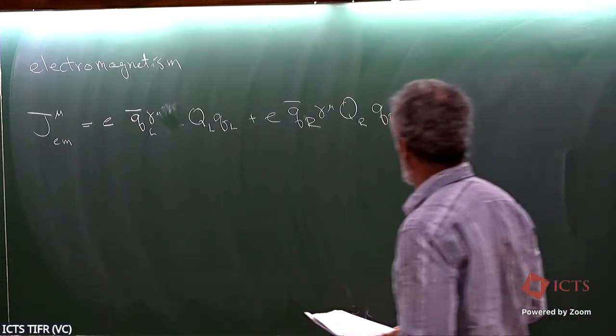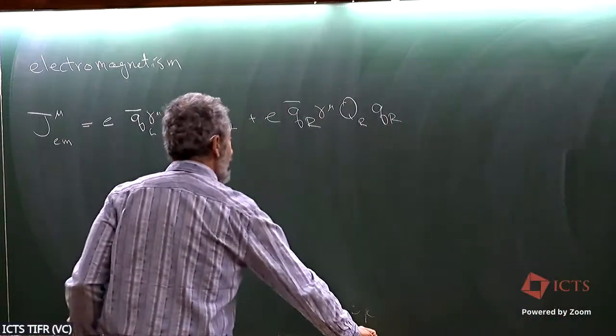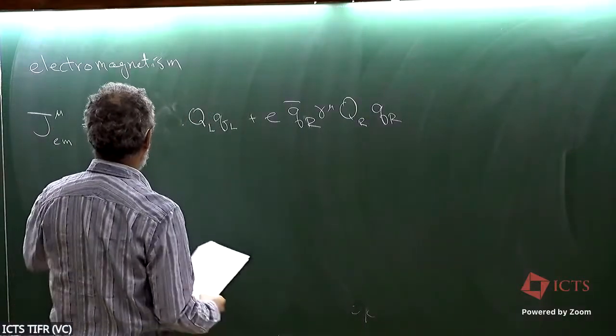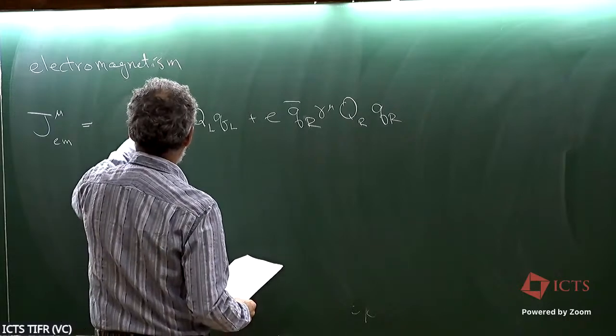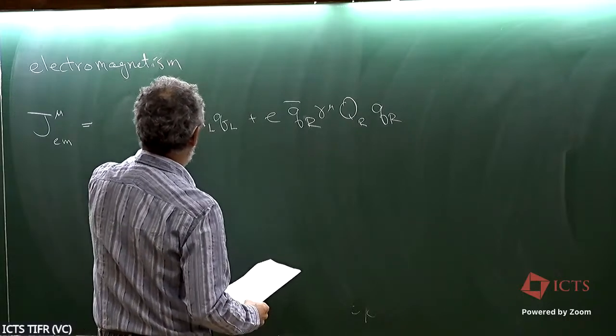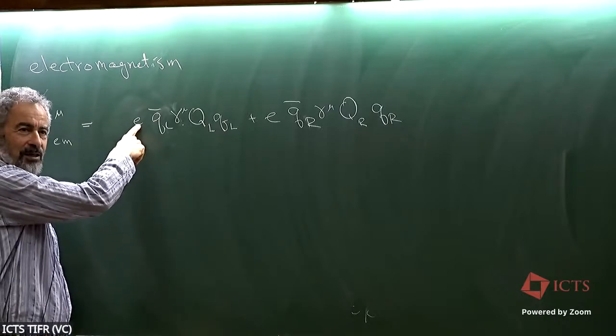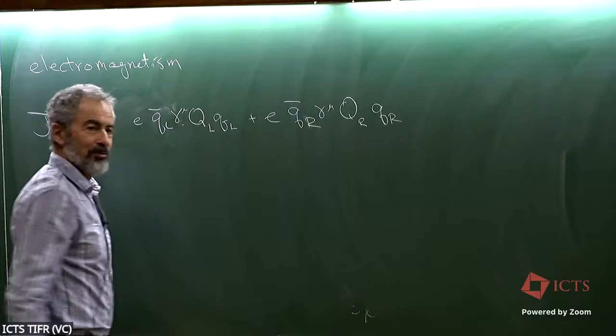So you can use this general formula, and you can generalize it easily to include W's. For W's, this would be the weak coupling, and these Q's would be the W generators.